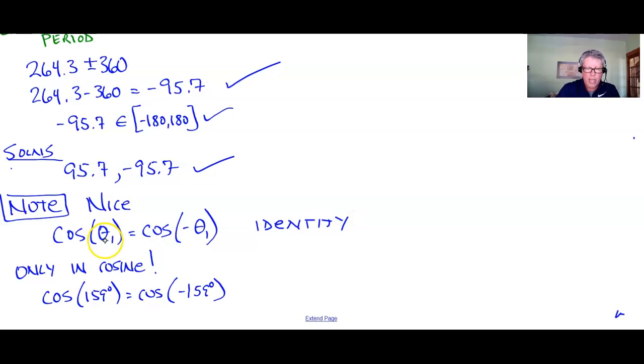If you get one angle, a shortcut method to get that other angle is just make it opposite. You can certainly subtract 360 and get something that looks a little different, or you can do the opposite and it's the same thing. So cosine of 159 is equal to the cosine of negative 159. Very cool.